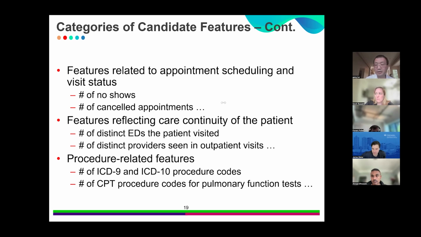One is that we build a single model that covers both adults and children. The second approach is that we build one model for children and another model for adults. We tried both approaches and we got similar results. And actually, if we put them together, we can achieve higher prediction accuracy because the number of patients becomes bigger.